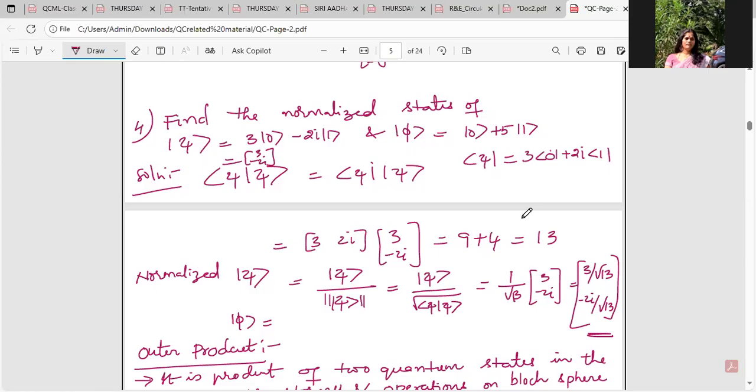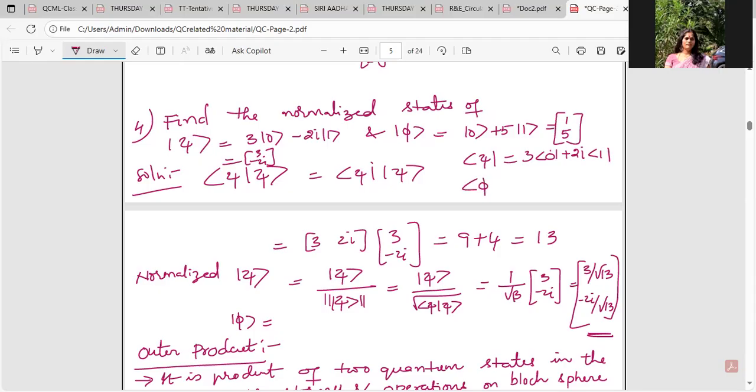Ket phi is ket 0 plus 5 ket 1. Okay, I can just write the vector here. Ket 0 is 1 0, and ket 1 is 0 1. So it is 1 5. So its inner product would be 1 into 1 plus 5 into 5.